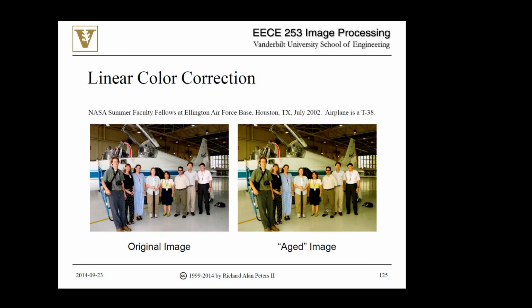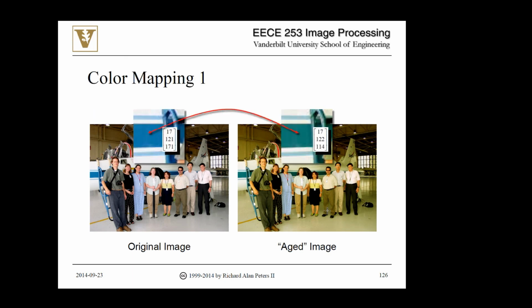Let's say that this is our degraded image and this is the original. We have to find corresponding points. In these points, we say, okay, this is the value that you see in your degraded image, but the true value should be this one. Now look at the red and green. The red and green stay the same, but this one has lost blue, so we have to restore it.